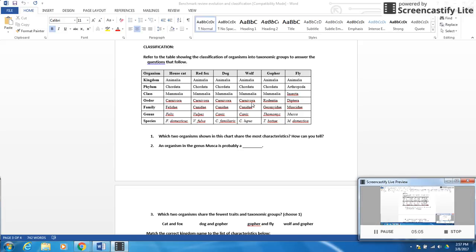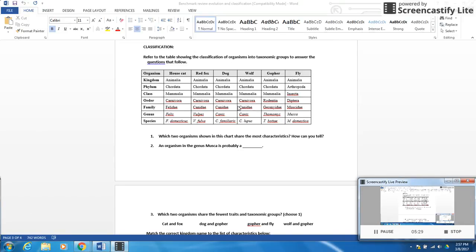Carnivora, okay, so the gopher is out. And then we've got Canidae. All three of these are Canidae, and then these are canines. So in that case, the closest are going to be the dog and the wolf because they share more of this whole chart, the taxon, than any other two.